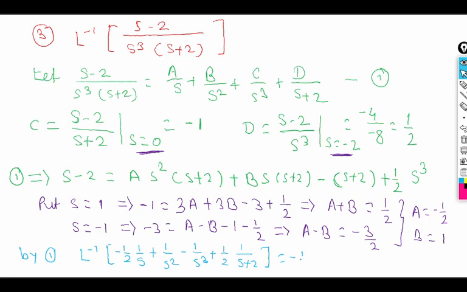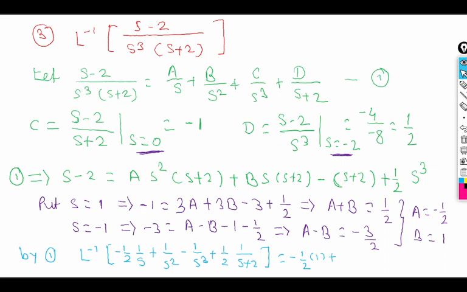This minus 1 by 2 is a constant. We know the inverse of 1 by s is 1. Then the inverse of 1 upon s square. Now the inverse of 1 upon s raised to n plus 1 is t raised to n upon gamma n plus 1. So s raised to n plus 1, n plus 1 is 2, so n is 1. So t raised to 1 upon gamma 2, or t raised to 1 upon 1 factorial.